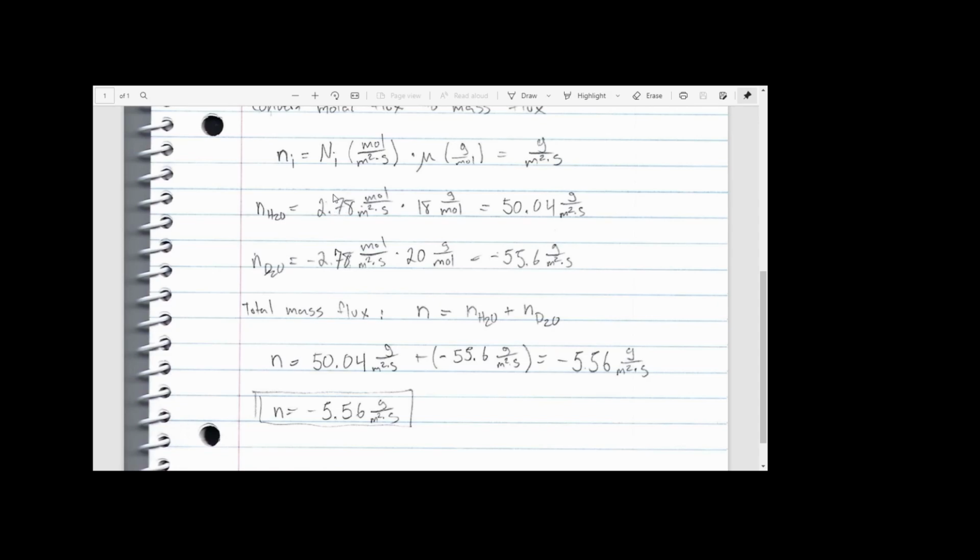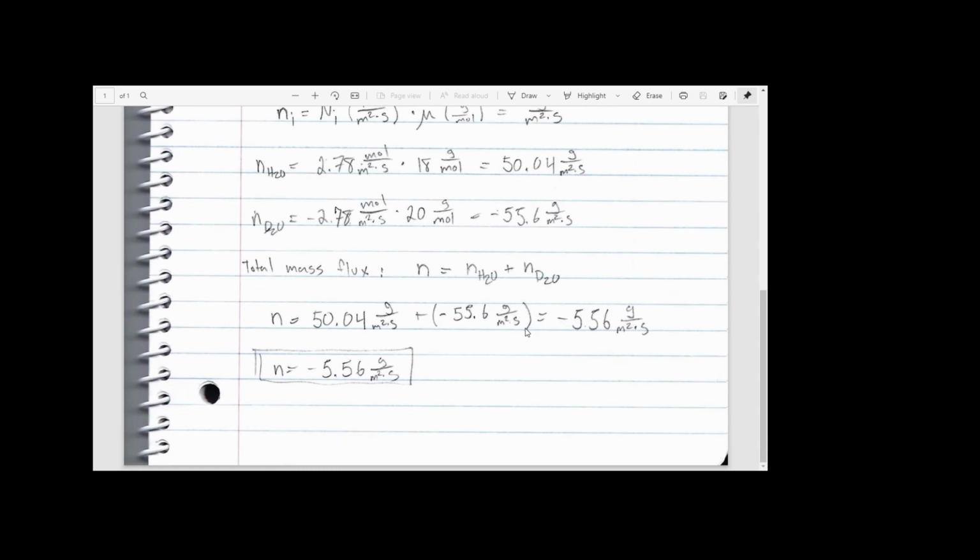This gives us the mass flux for water, which is 50.04 grams per meter squared seconds, and for deuterium, negative 55.6 grams per meter squared seconds. To get the total mass flux, you need to add the mass flux of water and the mass flux of deuterium, as we do in this equation. Now you can see that the total mass flux in the system is negative 5.56 grams per meter squared second.